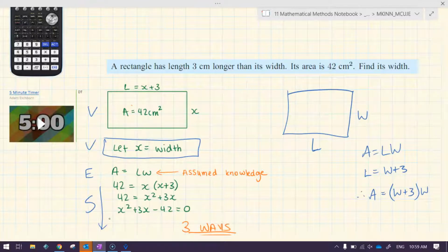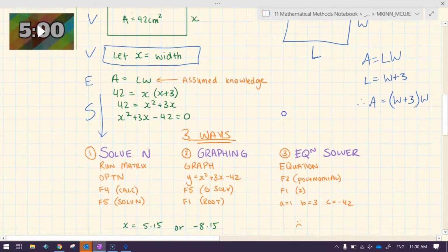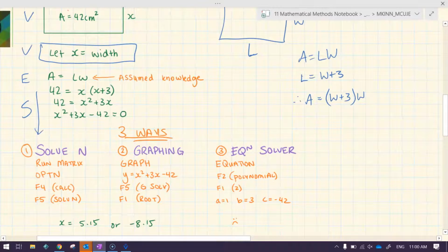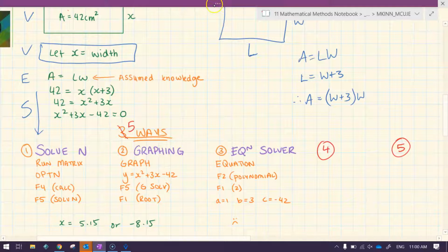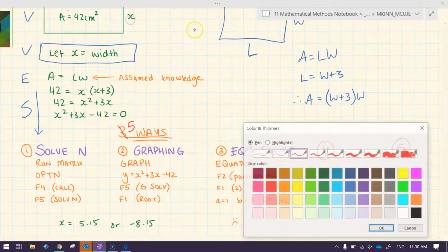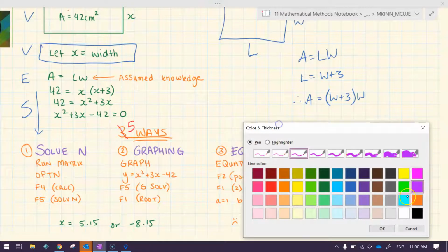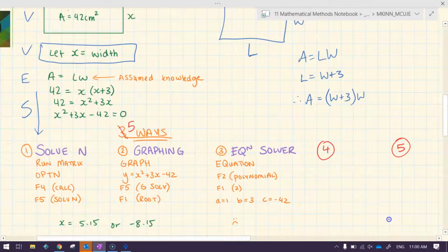So factorizing is beautiful. We get down to this one, and we have a number of different options. You've been presented with 3 ways there. I would argue we have at least 2 more ways. So we've got x squared plus 3x minus 42 equals 0. What ways have we been given? We've been given use solve-n, sketching the graph, using equation solver.